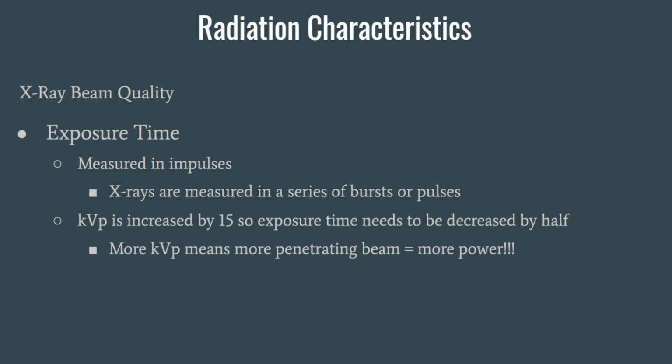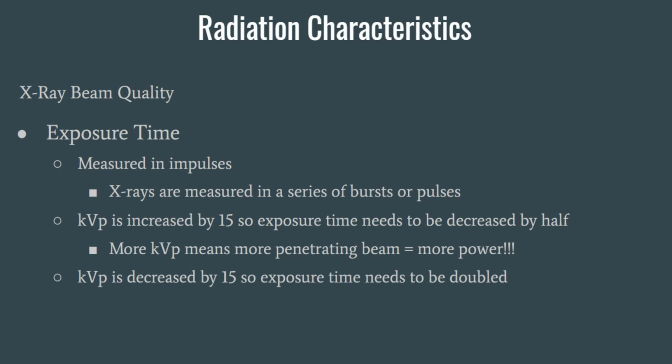So if we increase kVp, we're going to have more power, which means we need less time to get the image displayed the way we need it to look. So if we decrease kVp, exposure time needs to be doubled. Less kVp means a less penetrating beam, which means less power, which means we need more time to allow that image to turn out the way we need it to be.